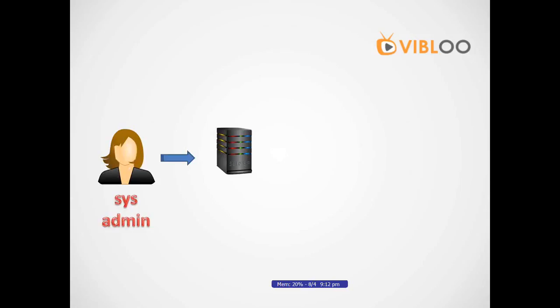Now, as more and more users come into the picture and more applications are being used by the company, the number of servers maintained by the administrator will be more.